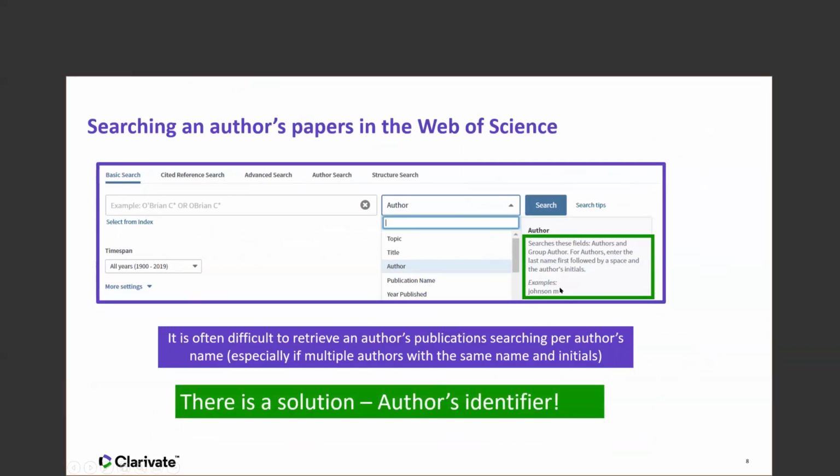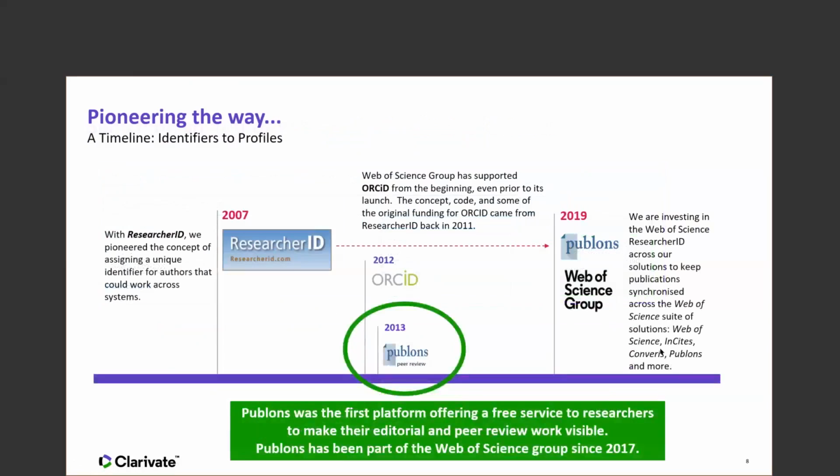If you have a common name, you will see that you find many more papers that are not yours, or if you're using a short version of your name, you might miss other papers published under another variant of your name. So based on that problem, now we are arriving at the solution, the identificator.